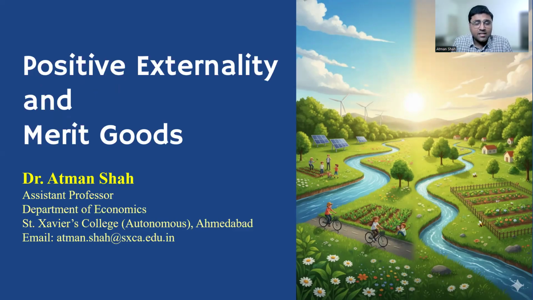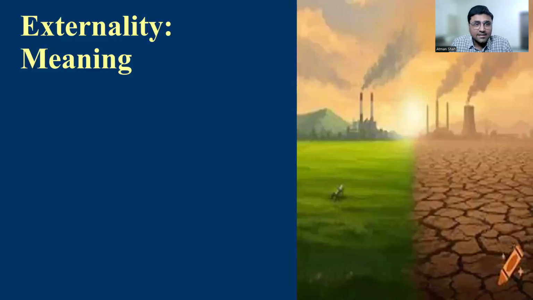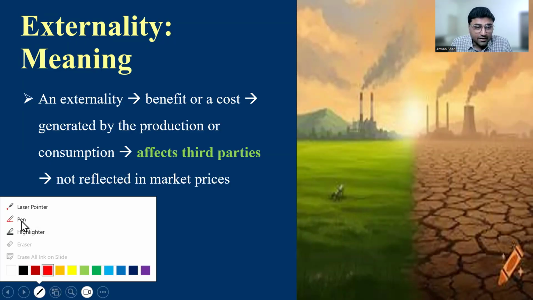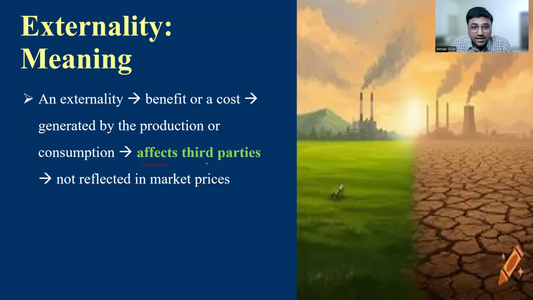So let's start with the idea of externality. An externality is the benefit or a cost that is generated by the production or consumption, and that affects the third party or the society which is not involved in the transaction process.